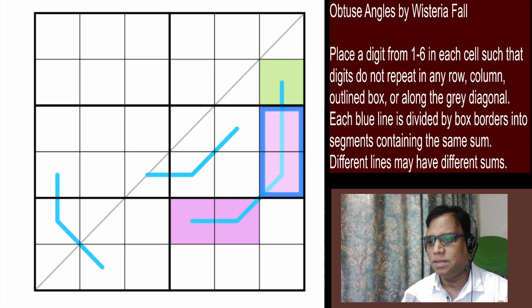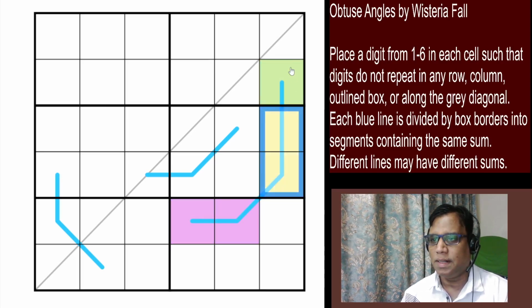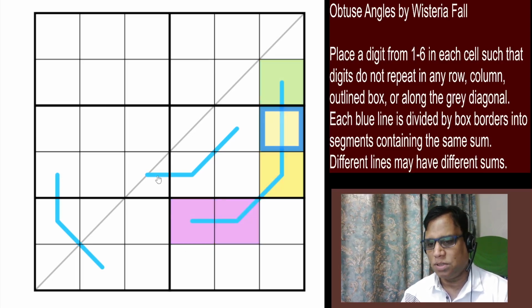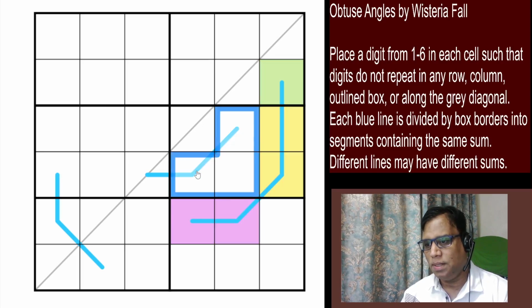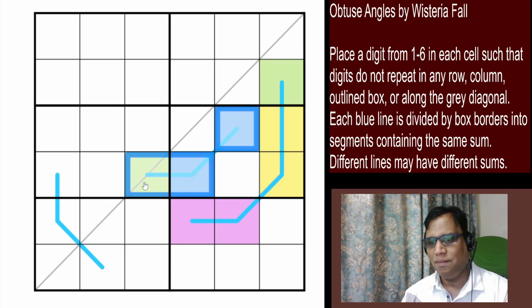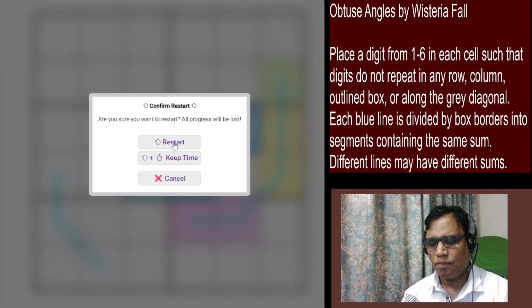So all these regions, let me color that differently, must have the same sum because they are on the same line but in different regions. Similarly, the sum of these two, let's get that blue, must be the same as this. So that's the puzzle, and simple rules.